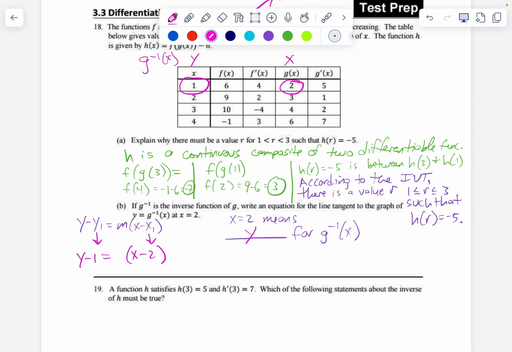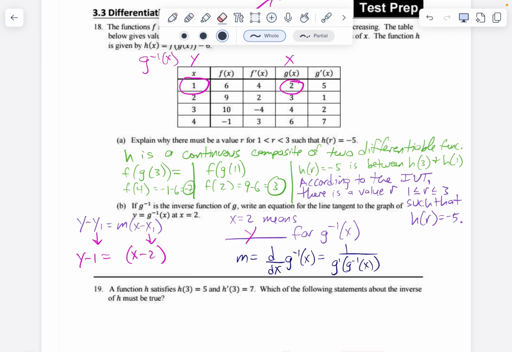Okay. I love how much room we get to work on these. So m equals d/dx of g inverse of x, which is 1 over g prime of g inverse of x, where x is 2. I'm going to go ahead and fill that 2 in, actually, just because I'm running out of room. Okay, what's g inverse of 2? It's 1.